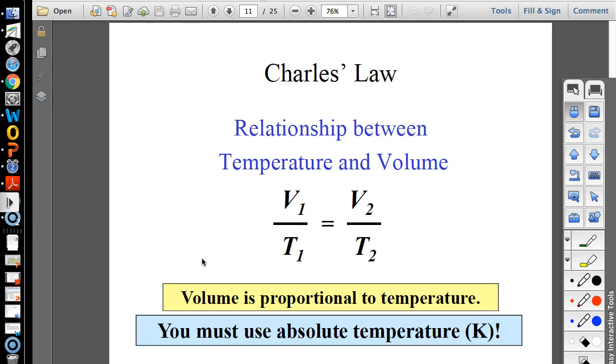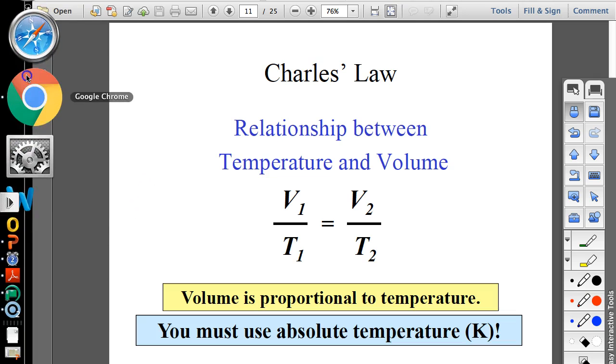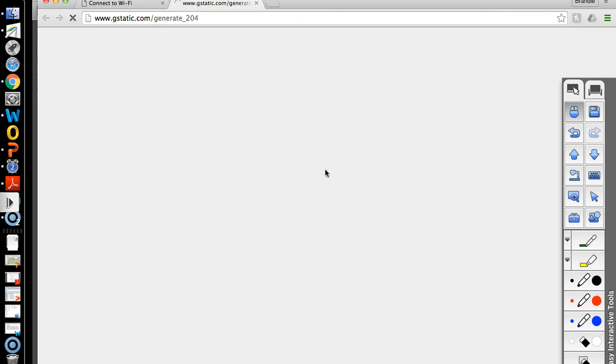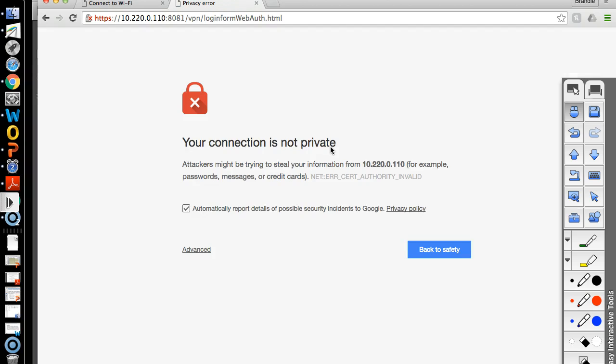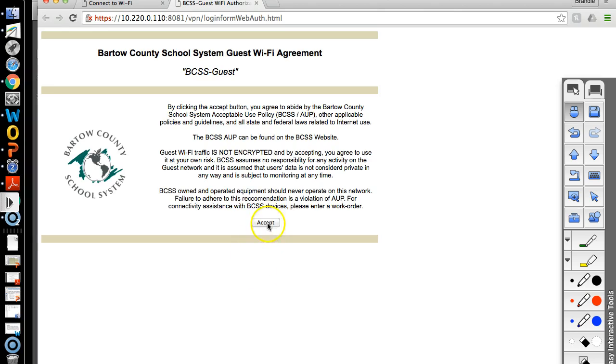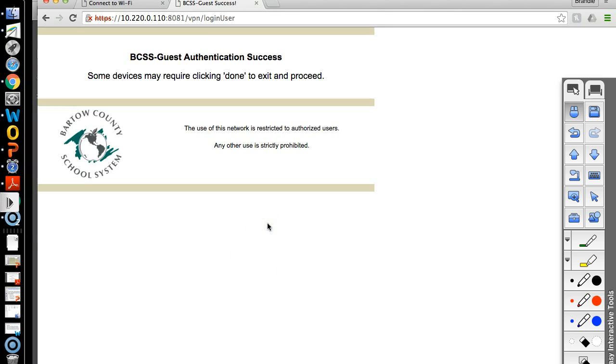So Charles's law. Have y'all heard of Charles Barkley? Charles Barkley, he played basketball. Who has not heard of Charles Barkley? You guys, have you really not heard of Charles Barkley? I'm going to look it up. It's worth it to tell you.